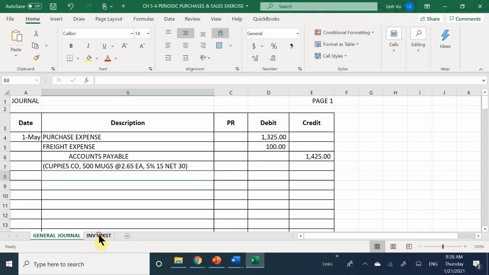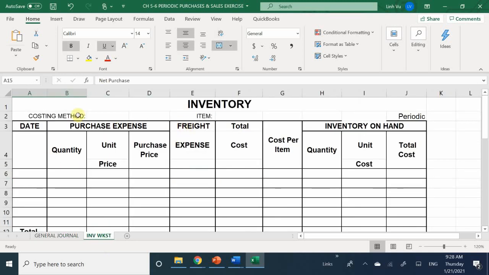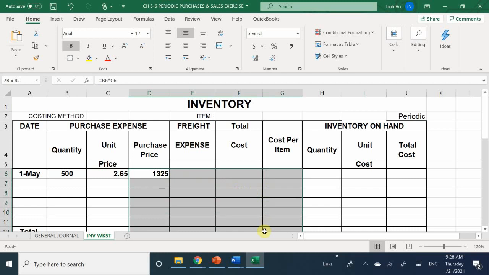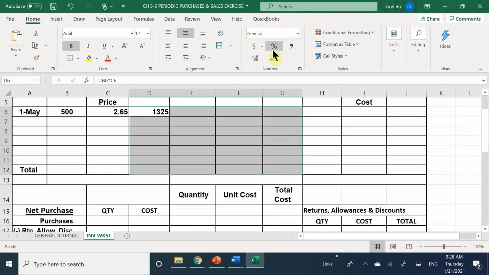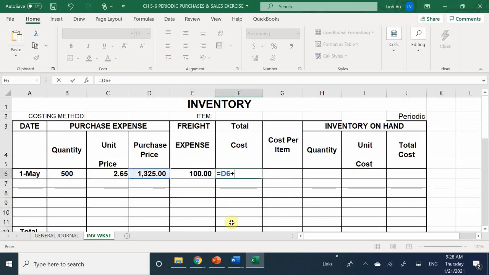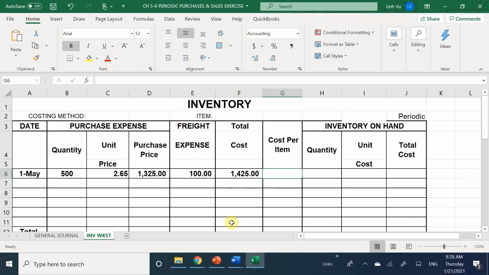Now, the next step is we're going to go to our inventory worksheet. On May 1st, we purchased 500 units at $2.65 each, which we know to be $1,325. And freight was $100, so my total here was $1,425. Now, what method am I using to calculate this? We're doing LIFO.